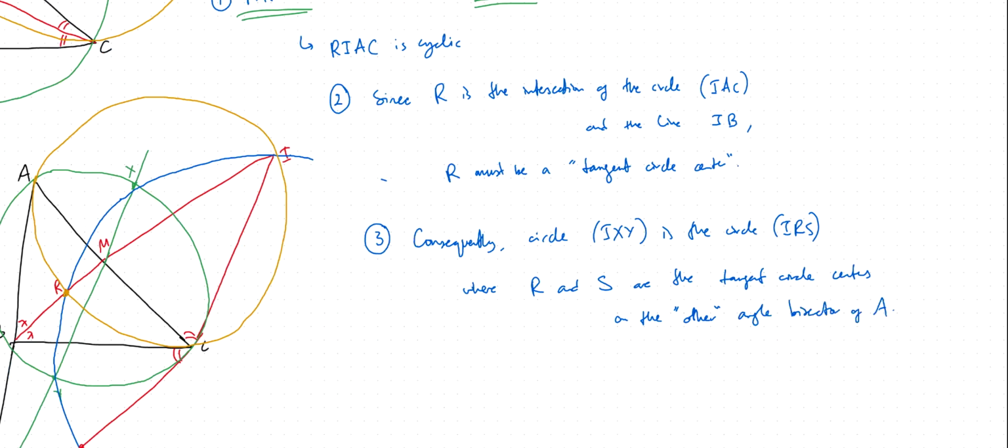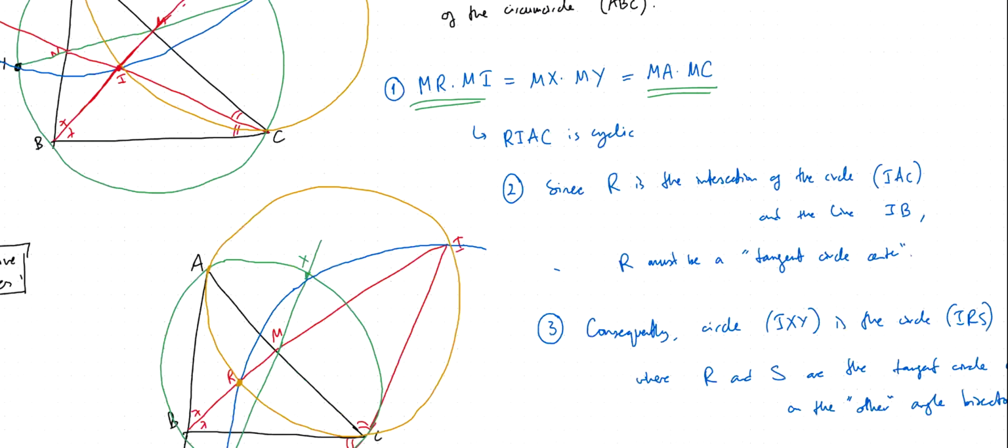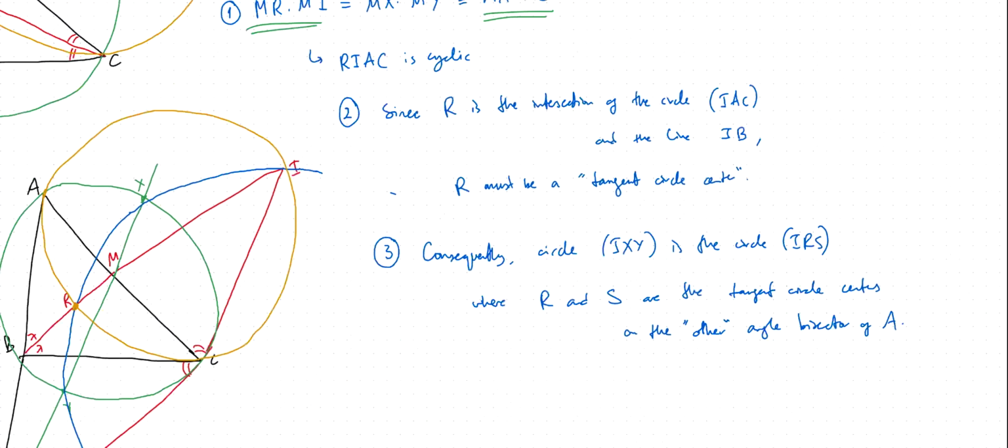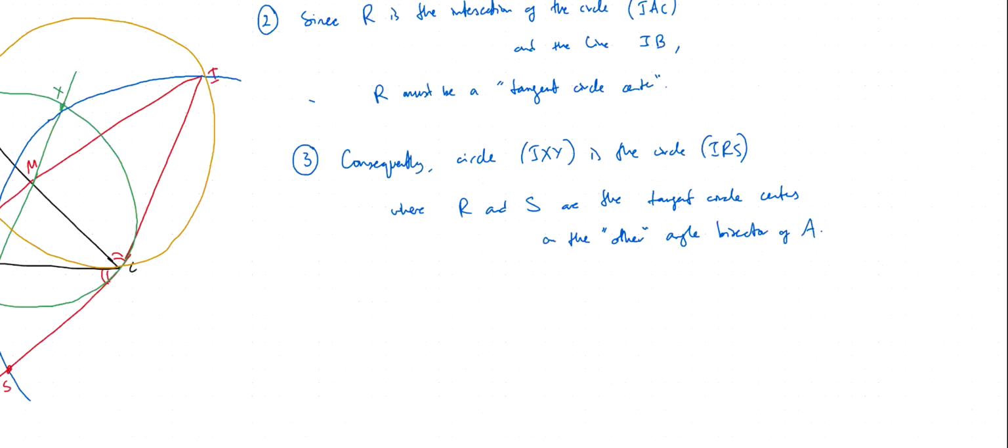So this requires us to draw a different picture because now we have completely saved ourselves from X and Y. These points are much easier to know, and this even has saved us from M and N. Now we are saved from X, Y, M, N, because R and S are directly defined.